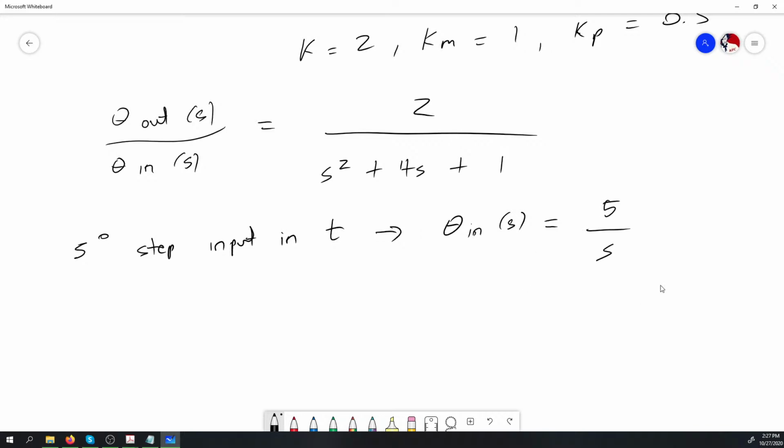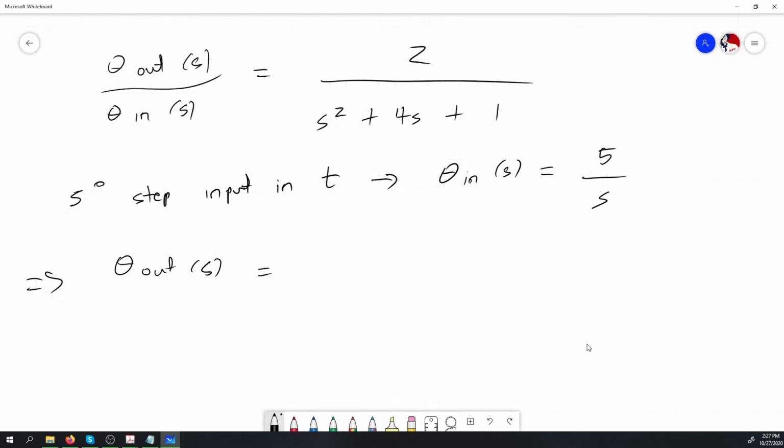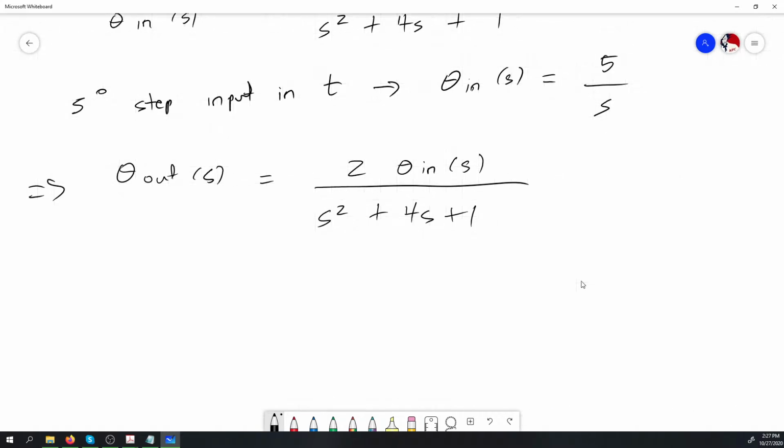So that means we'll have theta out of s equal, and before we substitute in our theta in of s, 2 theta in of s divided by s squared plus 4s plus 1, and now we're going to actually substitute in our theta in of s.